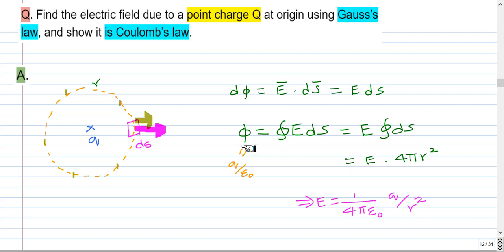And the total flux coming out of this closed surface is given by Gauss law as Q by epsilon naught, where Q is the total charge present inside the Gaussian surface. So from this you get the expression for the electric field as 1 by 4 pi epsilon naught, the charge Q divided by r squared. This is the same as the one obtained by Coulomb's law and the definition of electric field, which says the electric field is the force on a unit positive charge. So in some sense, the information contained in Gauss law and Coulomb's law are equivalent.